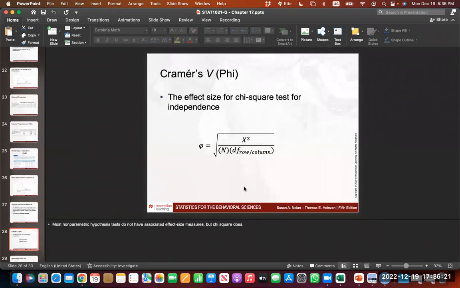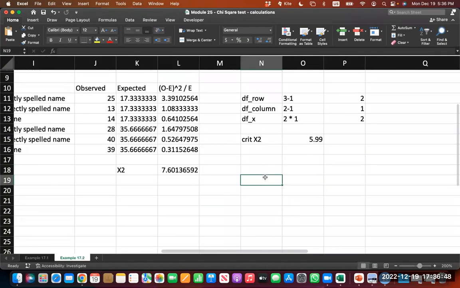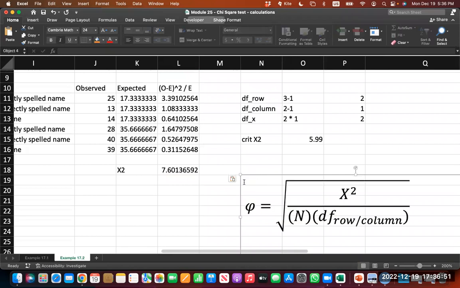The only thing we're calculating is Cramer's V, or phi, the Greek letter phi, calculated as chi-squared divided by the sample size multiplied by the degrees of freedom. That is a marker for the effect size in the chi-squared, which obviously also depends on your sample size and your number of different observed counts.